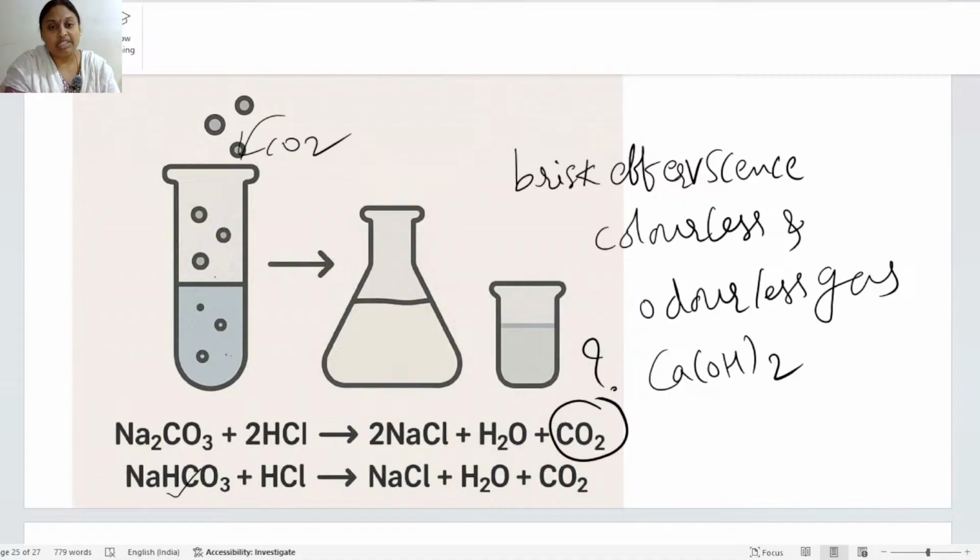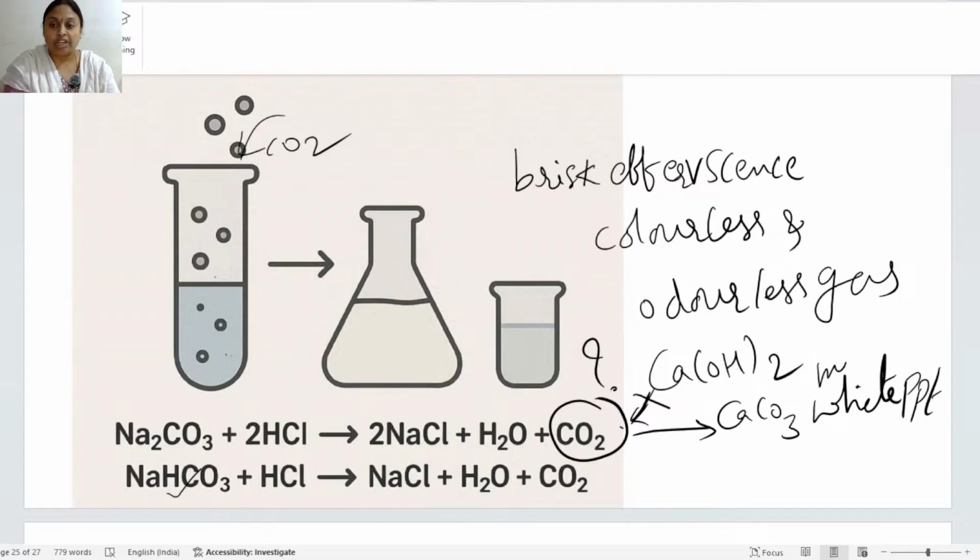Whenever these are passed, these two mix together and give a white precipitate, a milky white precipitate. What is that? Here an insoluble milky white precipitate is formed. So that's why the solution is not clear.